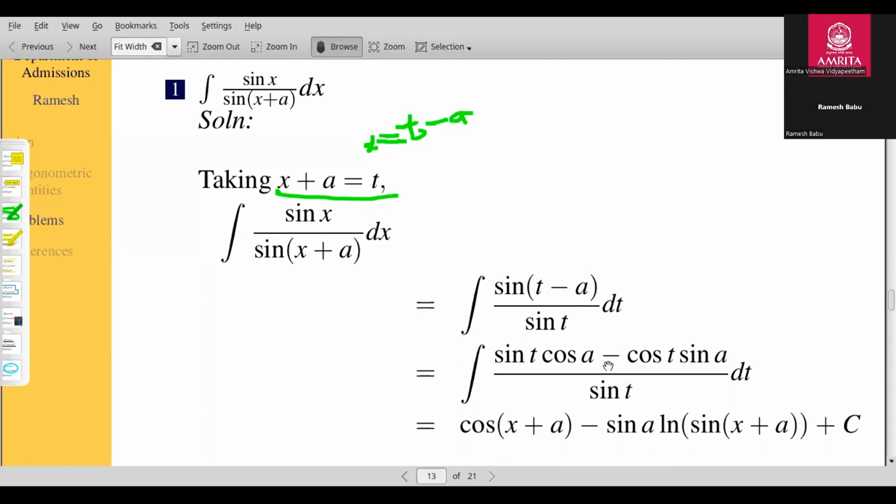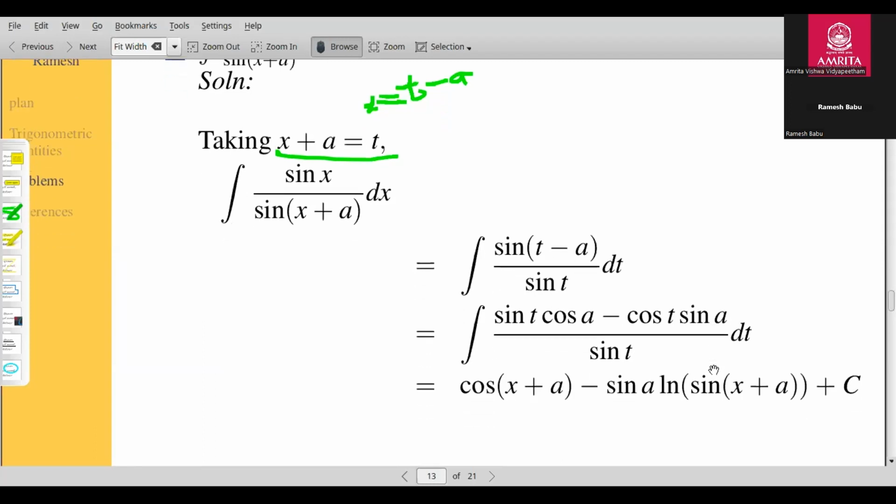You got it? In this term, I can split into two terms because the numerator has two terms and the denominator is a single term. Sin t into cos a by sin t, the sin t gets cancelled, minus cos t into sin a by sin t. So cos t by sin t becomes cot t into sin a, right?